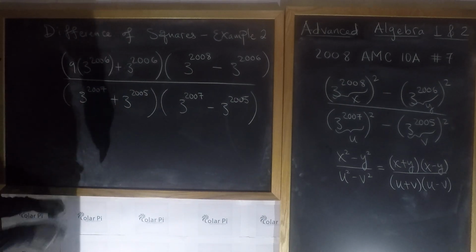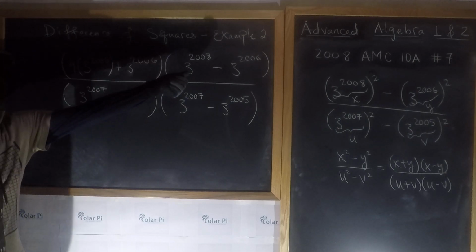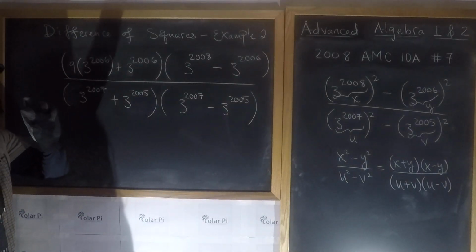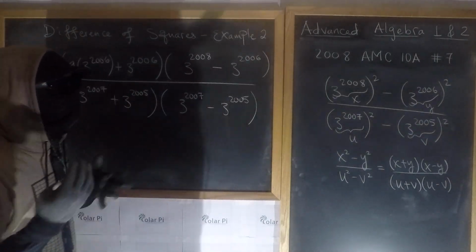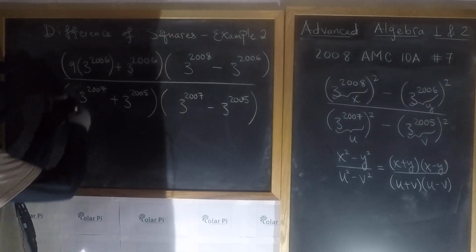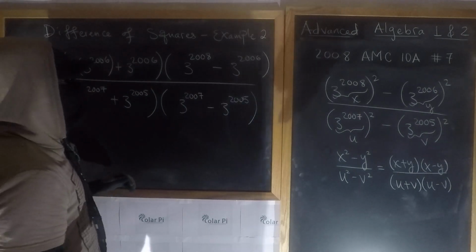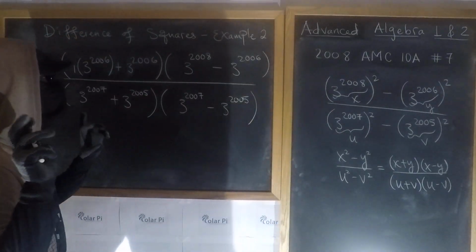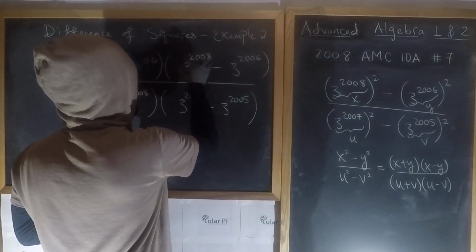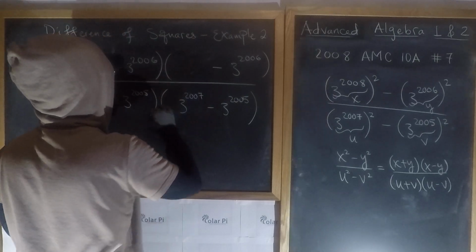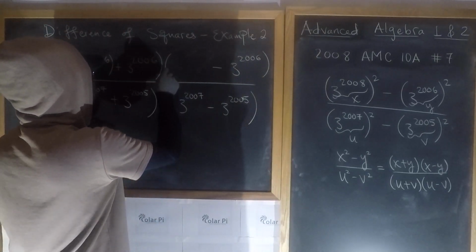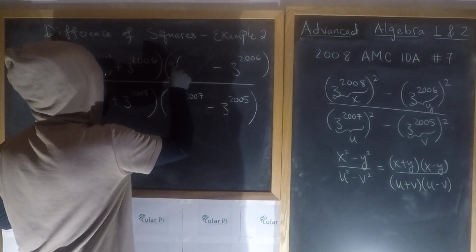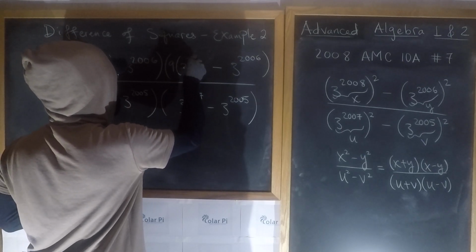All right. I want to do that here also, so that I get like terms. It'll be more clear why there are like terms once we recall that 3 to the 2006 is y. Again, we do the same thing with this 3 to the 2008, which is we write it as 3 squared, which is 9, times 3 to the 2006.